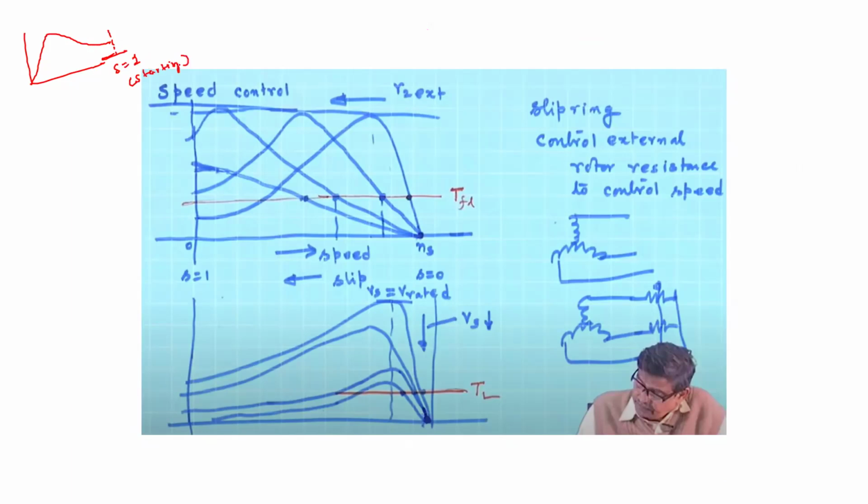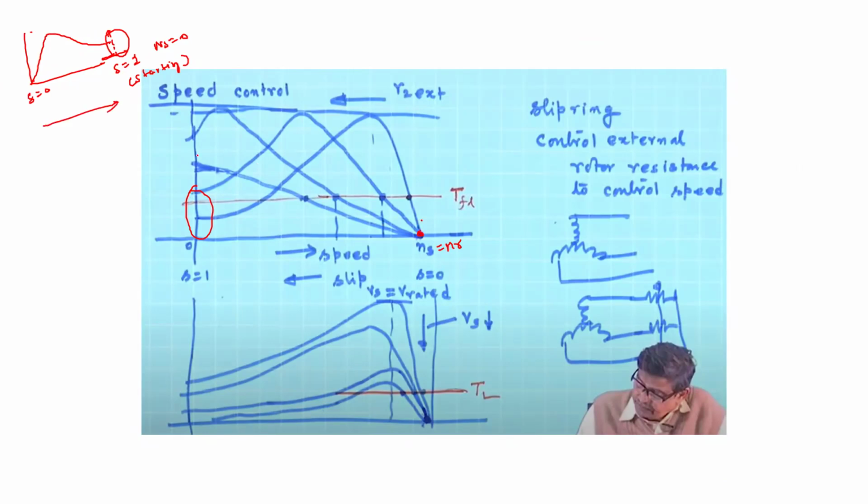At slip equal to 1, your speed was 0. Sir has just flipped it horizontally. So the starting is drawn here, and slip equal to 0, with ns equal to nr, is drawn here. So it is basically flipped horizontally.